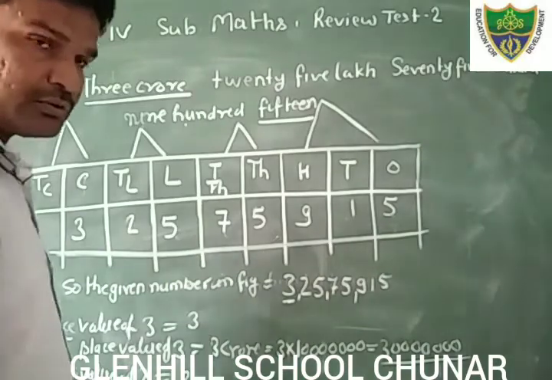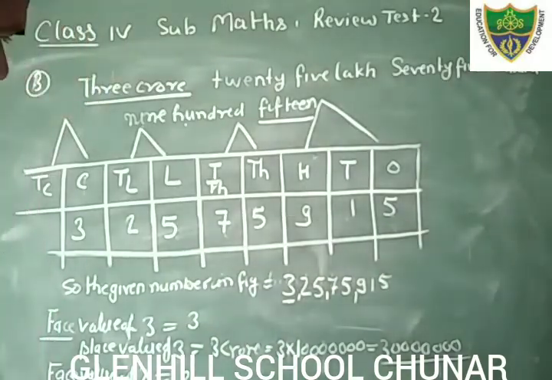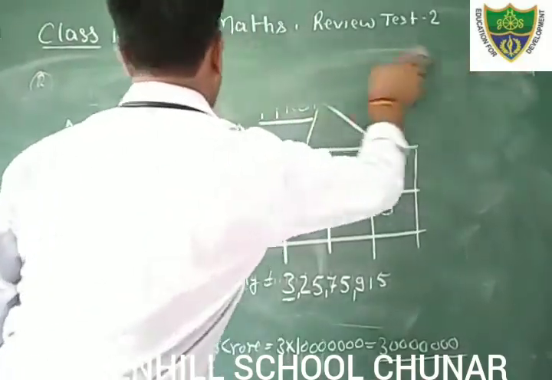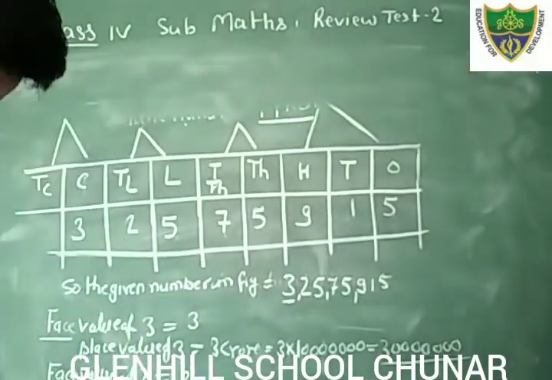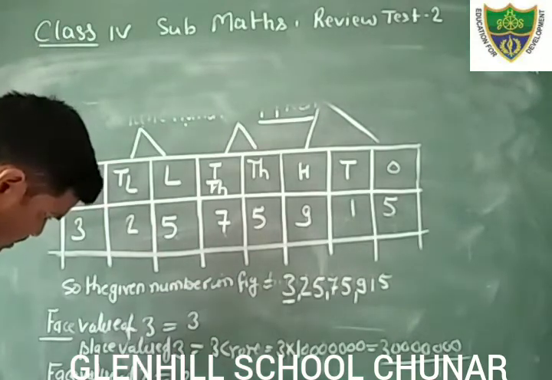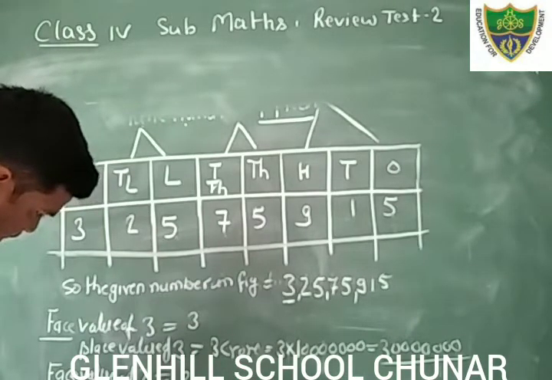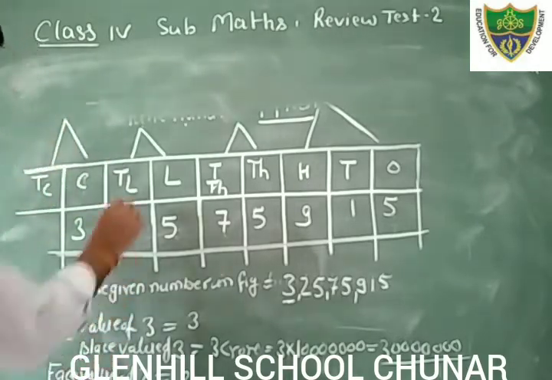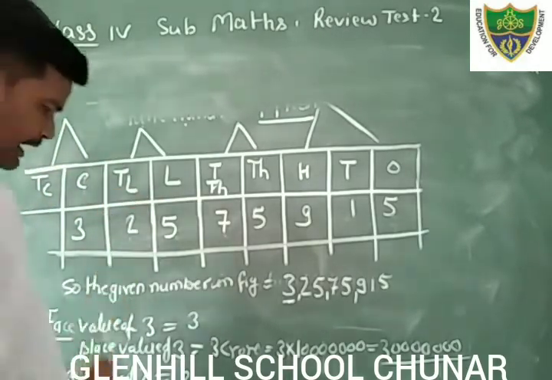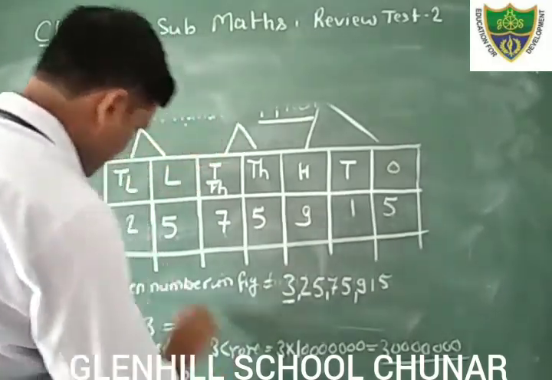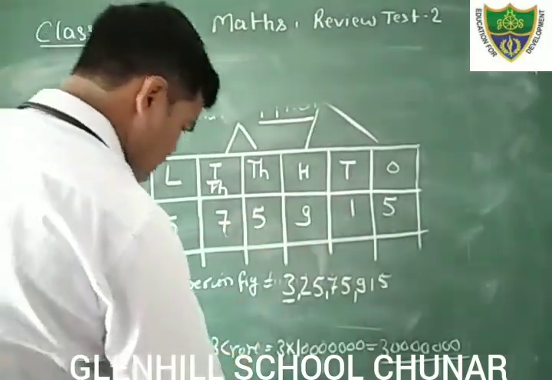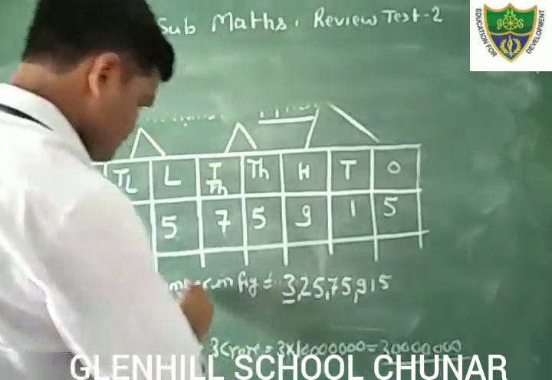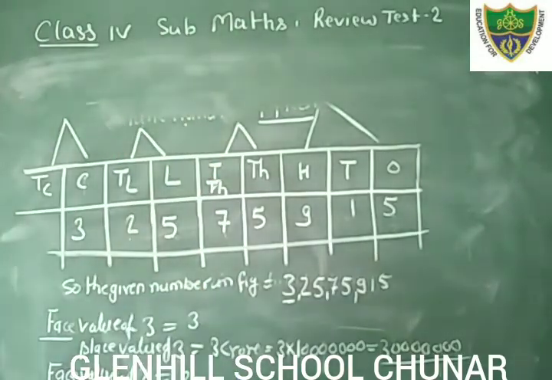Now, place value of 2: you will write that is 2 and rest of the number as 0, that is 0, 0, 0, 0, 0, 0, 20 lakh.